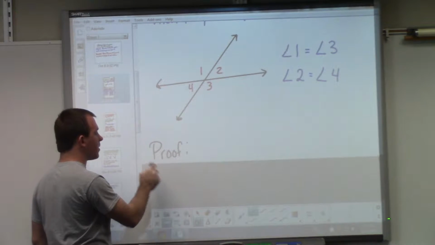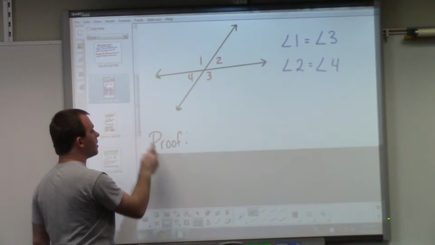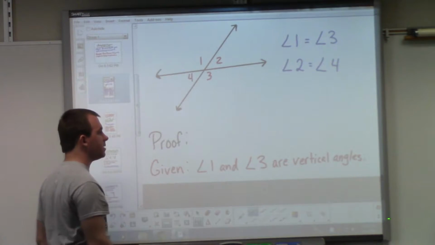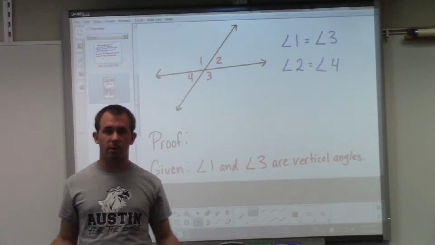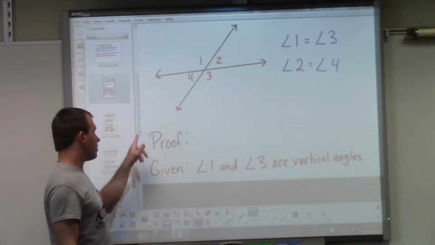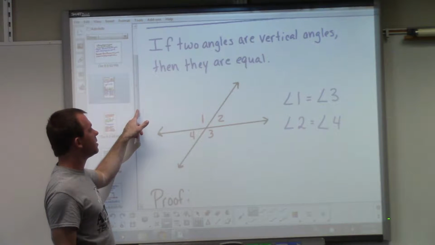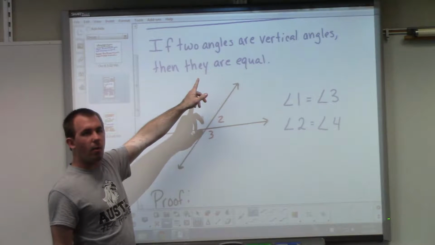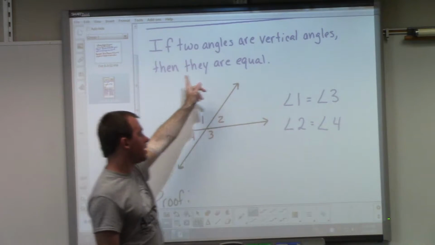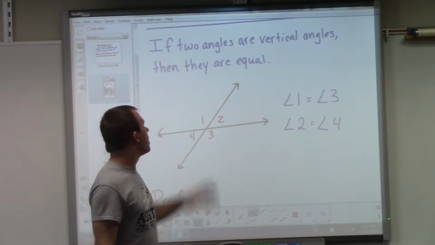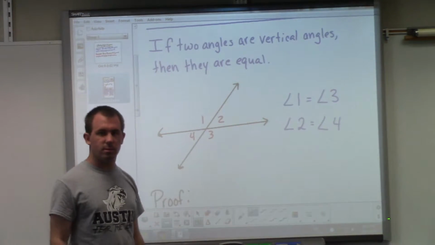So, proof. We are given angle 1 and angle 3 are vertical angles. So we are going to show that they are equal. Notice, we're going to follow our conditional statement that is given for the theorem. If 2 angles are vertical angles, then they are equal.